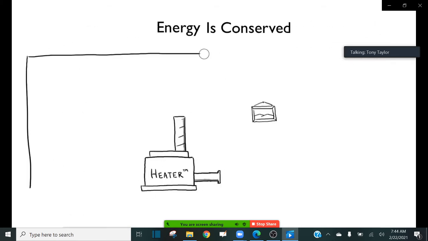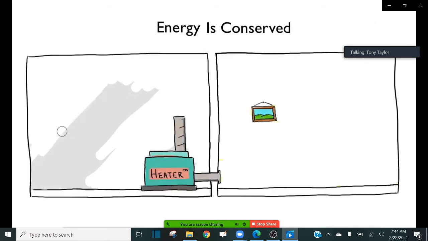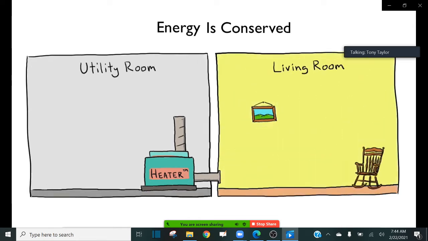Let's look at a simple example to illustrate the point. A utility room with a heater pumps 500 kilojoules of heat into a living room. If the heater delivers 500 kilojoules of heat, the living room receives 500 kilojoules of heat, and no more or less than that. But suppose there's a toy car with a sail by the heating vent.